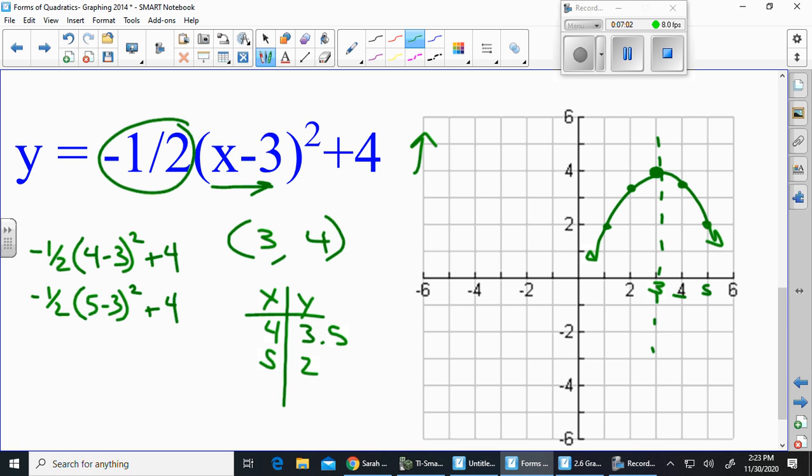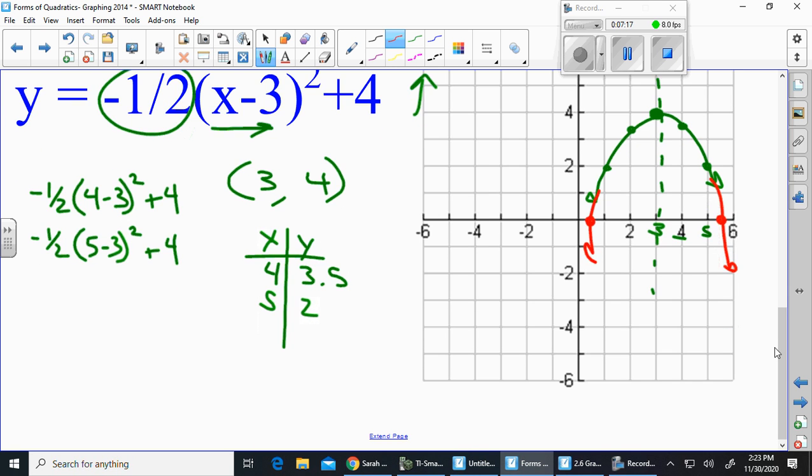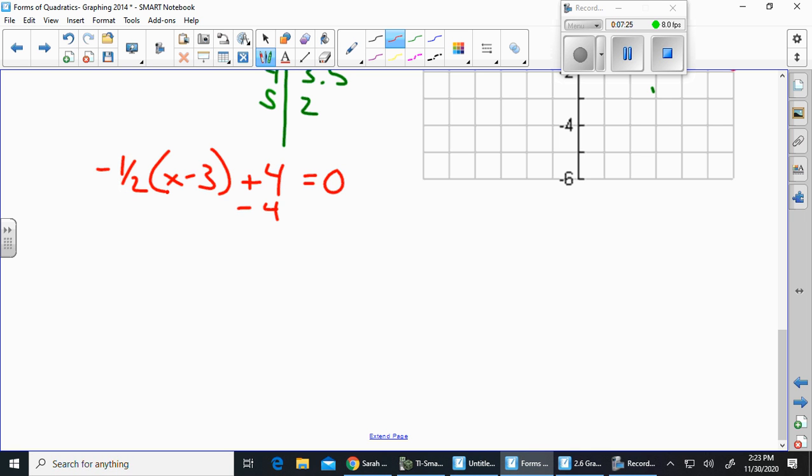Because that's negative. The other option would be, if you wanted to find these zeros where it hit, take negative 1/2 x minus 3 squared plus 4, set it equal to 0. Again, it does give you some practice on doing square roots.